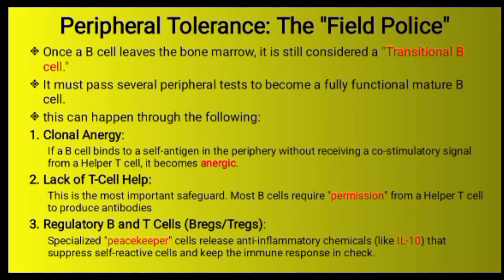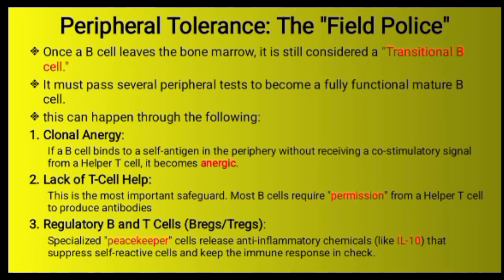So even if they do this, nature has already made it possible that there are certain complex substances or cells that police the peripheral blood circulation to make sure that the antibodies produced are functioning effectively. And this can happen through the following.